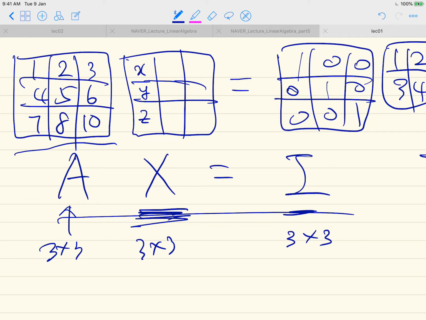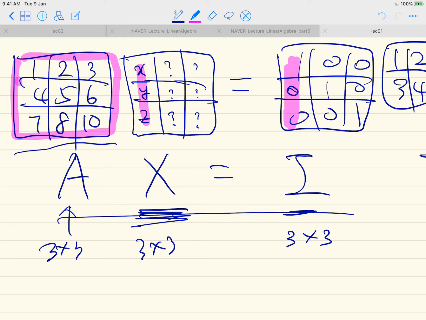We do not know those values yet, so let's just ignore for now the second and third columns of the matrix X. We have X, Y, and Z, which is the first column of X, and we have matrix A multiplied with the first column. What will that produce?